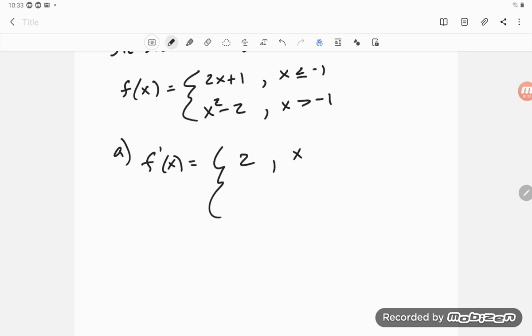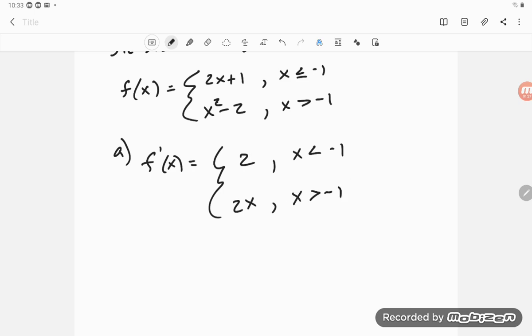Right at the moment, all I know is when x is less than negative 1, because for x equal to negative 1, I'm going to have to check limits to make sure things match, the derivatives match. The derivative of x squared minus 2 is 2x, and that's for x greater than negative 1.